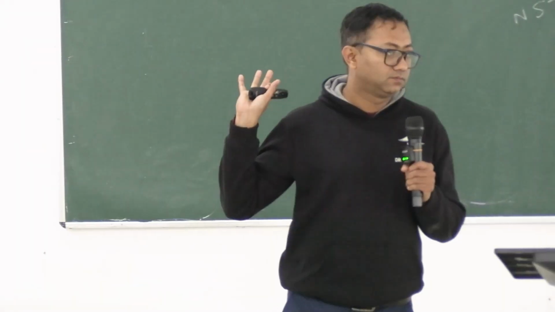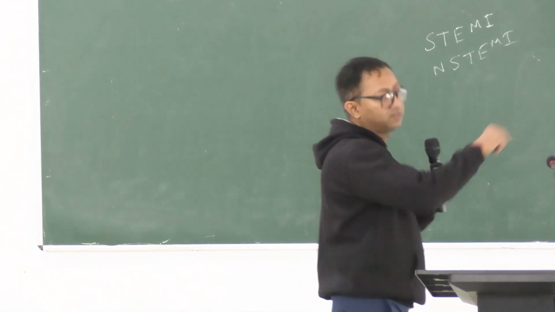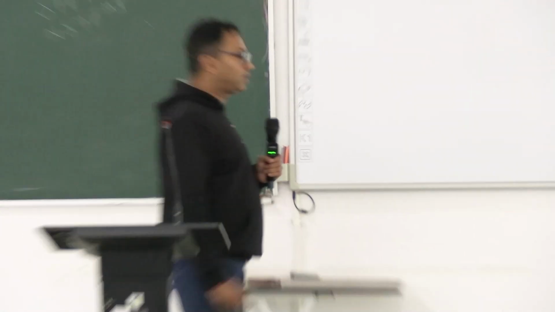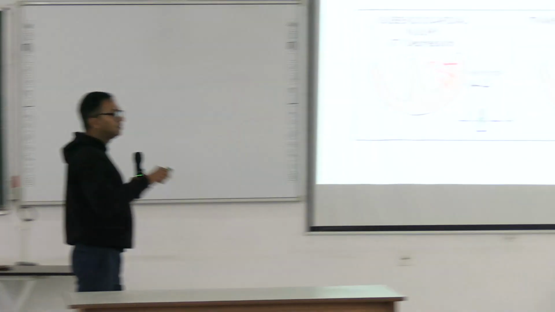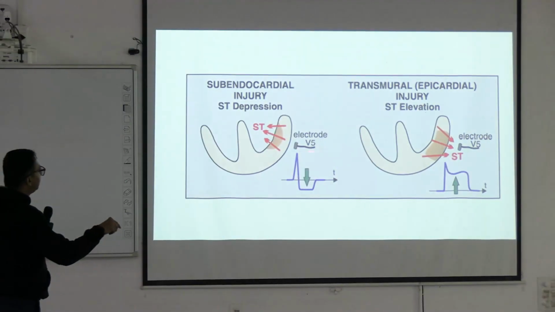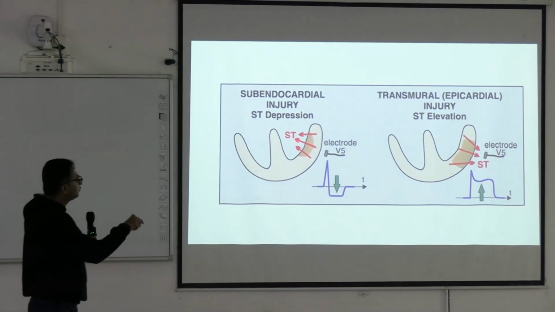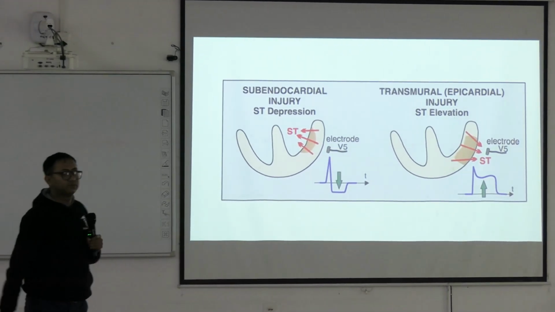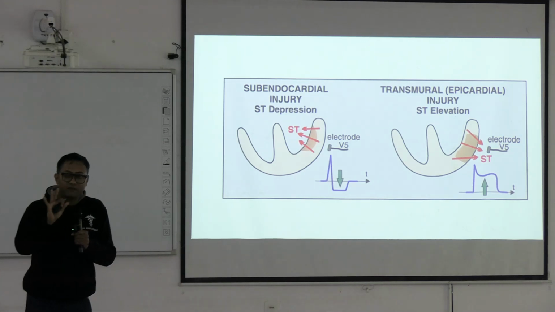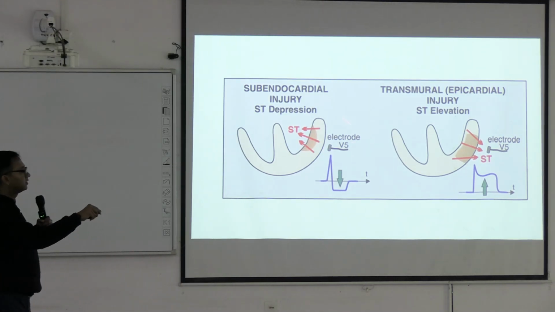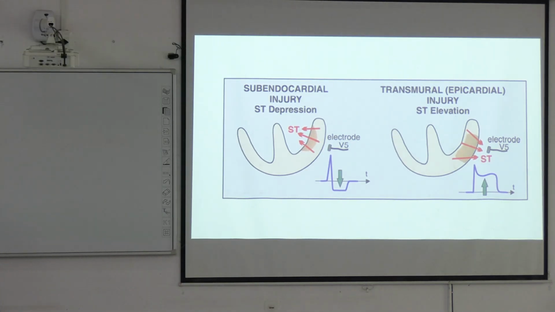ST segment should be free of any electrical vector. But in case of ischemic tissue, what happens? During systole, an electrical vector travels from normal tissue to ischemic tissue. That is, it is moving away from lead V5 in this example, right?